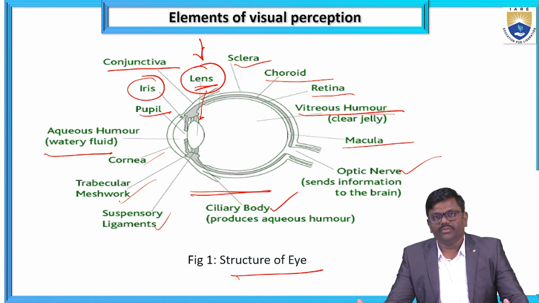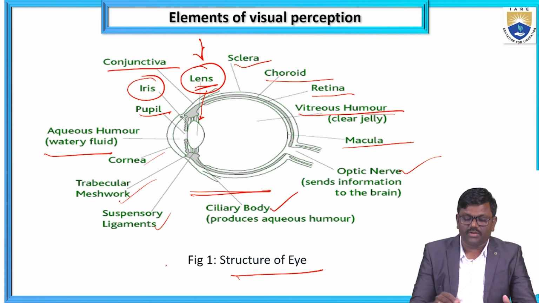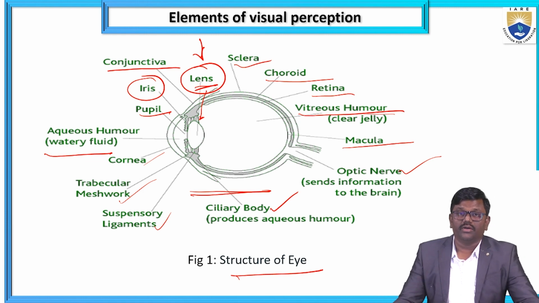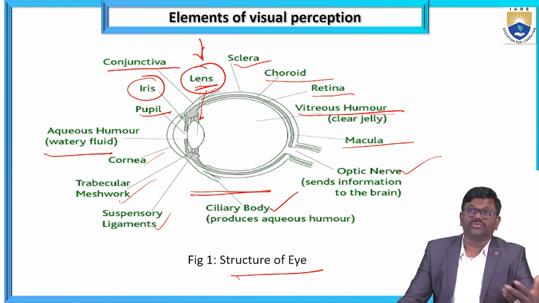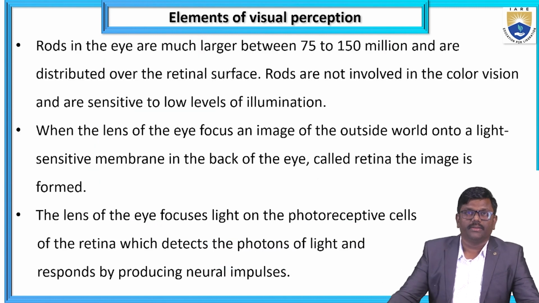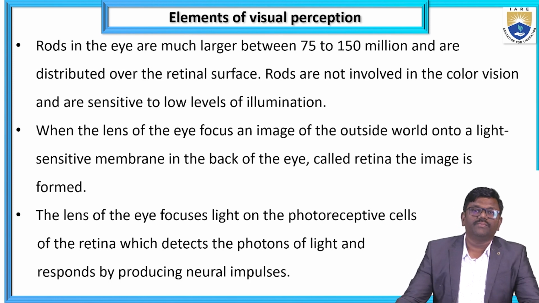So with the help of all these elements of visual perception, that is the structure of the eye, it helps us. The structure of the eye itself says these are the elements of the structure of visual perception.